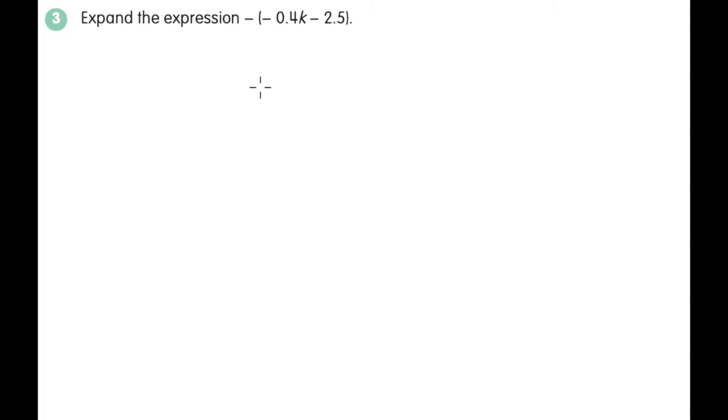For our next example, you'll notice that we do not have an actual integer on the outside here. We just see a negative sign, and there's two different ways that we could look at this expression. So on the inside we had a negative 4/10 k minus 2 and 5/10. So the two ways that we could look at this is we could recall prior in the year that we talked about a negative sign meaning the opposite of.